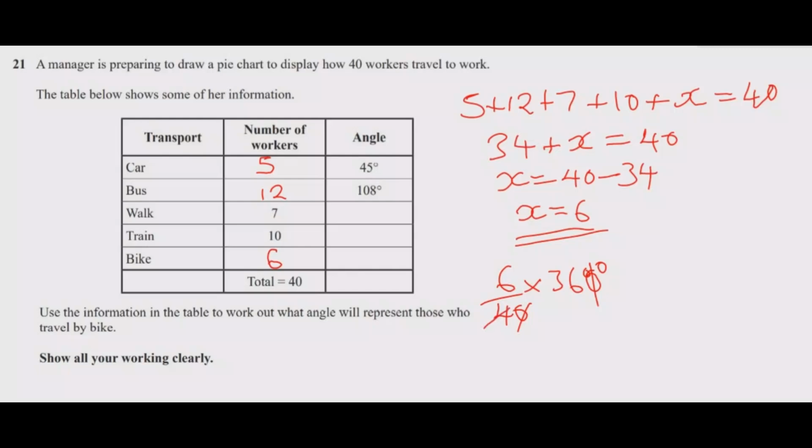First of all, 4 into 4 it will be 1. Then 4 into 36 it will be 9. Then 1 into 6 will give us 6, times 9 degrees. Then 6 times 9 degrees will give us 54 degrees. So 54 degrees is the angle that will represent the workers that came by bike.